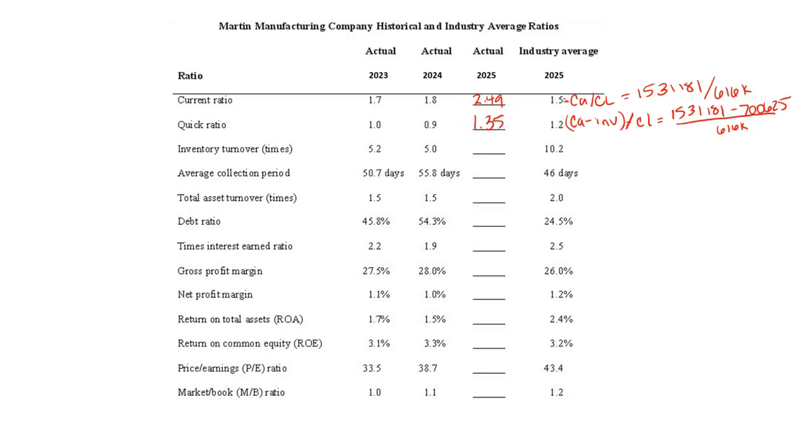Rule of thumb is greater than 1 is good. Greater than 1 means that you have more than enough cash and assets being converted to cash within 1 year to cover those bills that you expect to incur that year. So this company should have no problem meeting their bills as they come due.